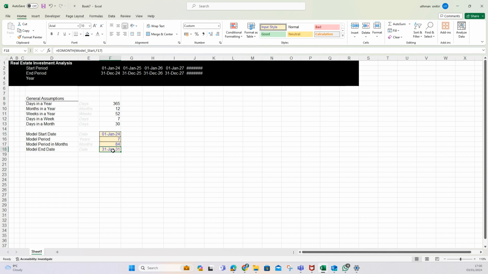I could have applied that formula straight up to the year, but I like to break it down like this for simplicity purposes.